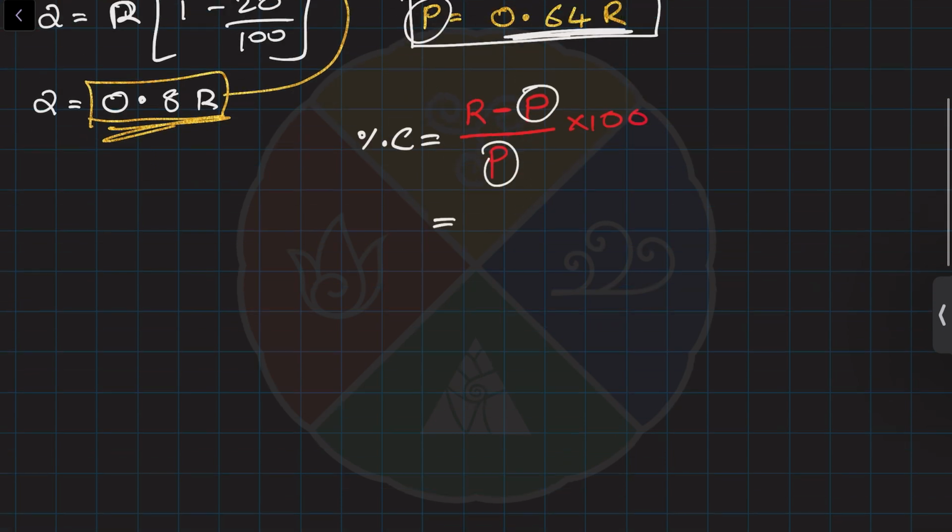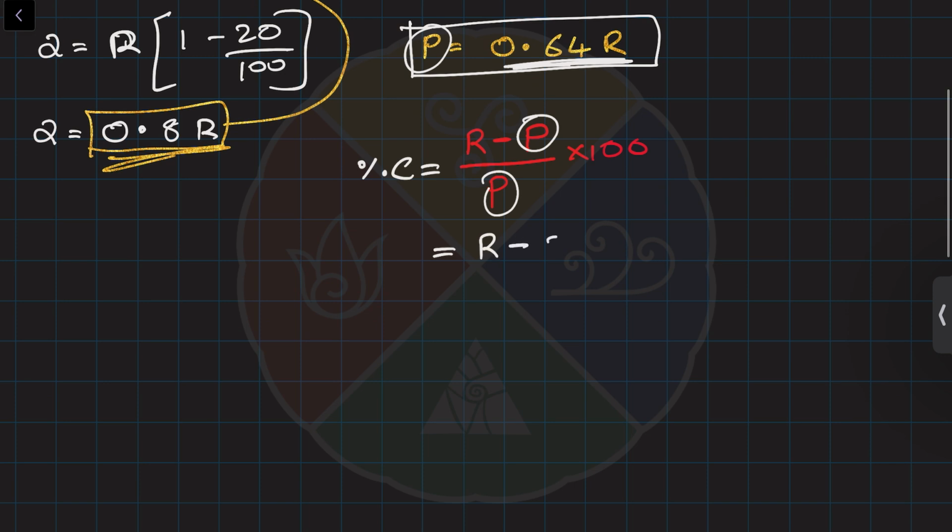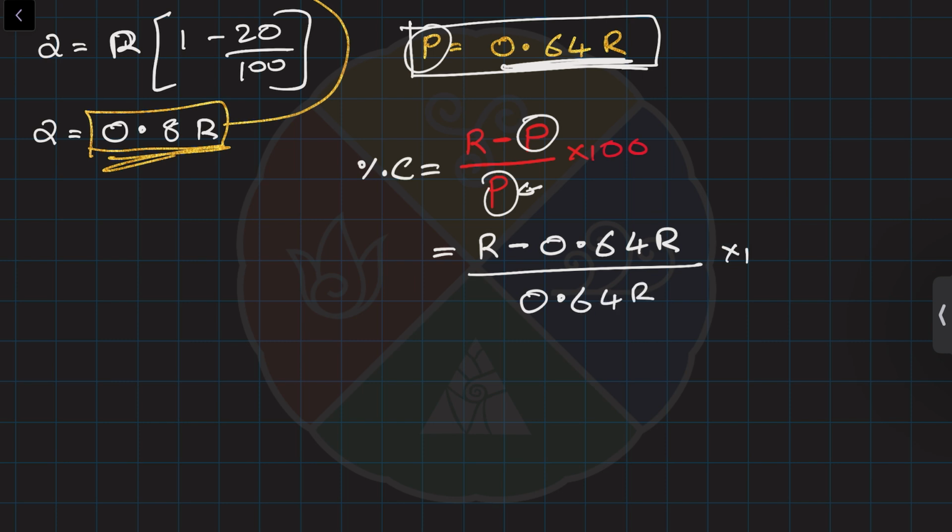So the percentage change is going to be R as it is, R minus 0.64 R, and by the denominator also there is a P. I'm going to substitute that with 0.64 R into 100.